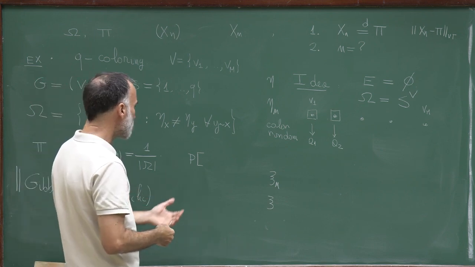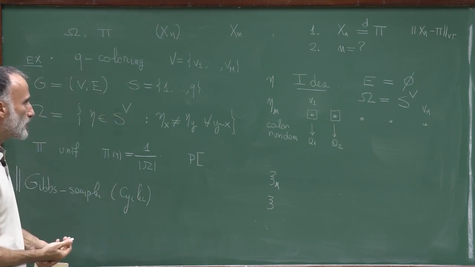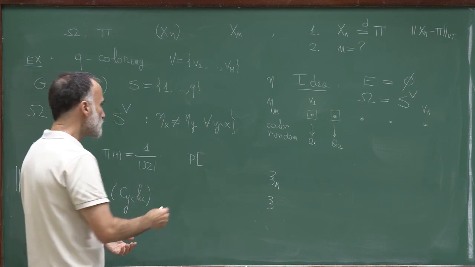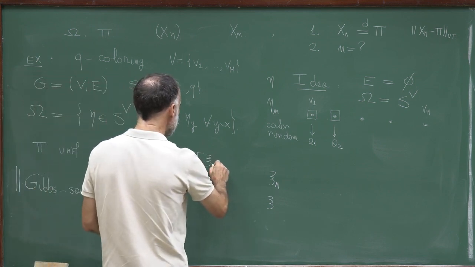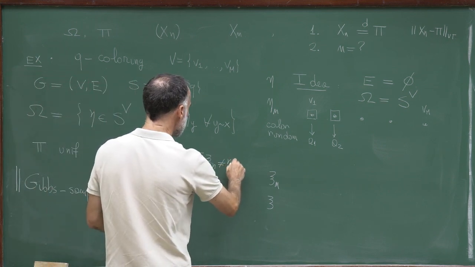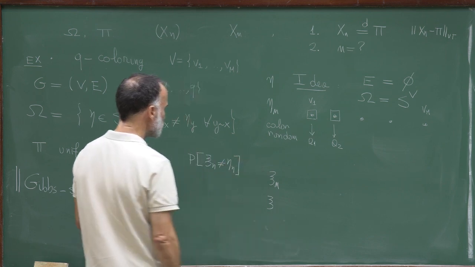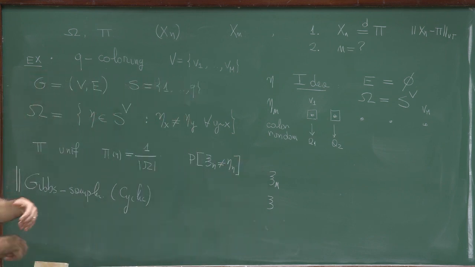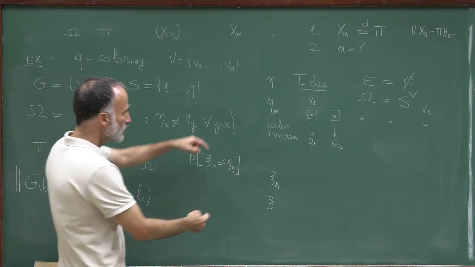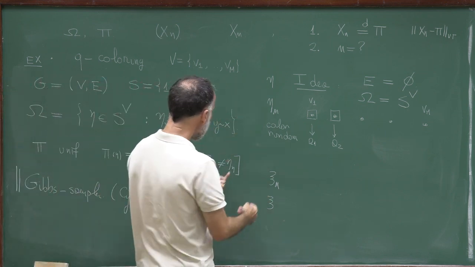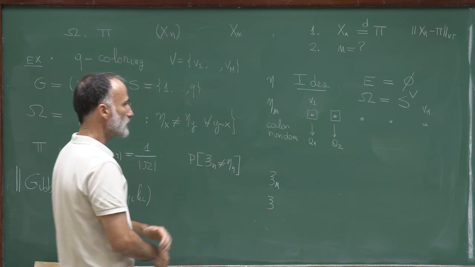So now in these couplings, the natural problem is to define a coupling such that the probability that xi n is different from eta n is small if n is large. So I want to define a coupling which makes these two copies equal with very large probability.